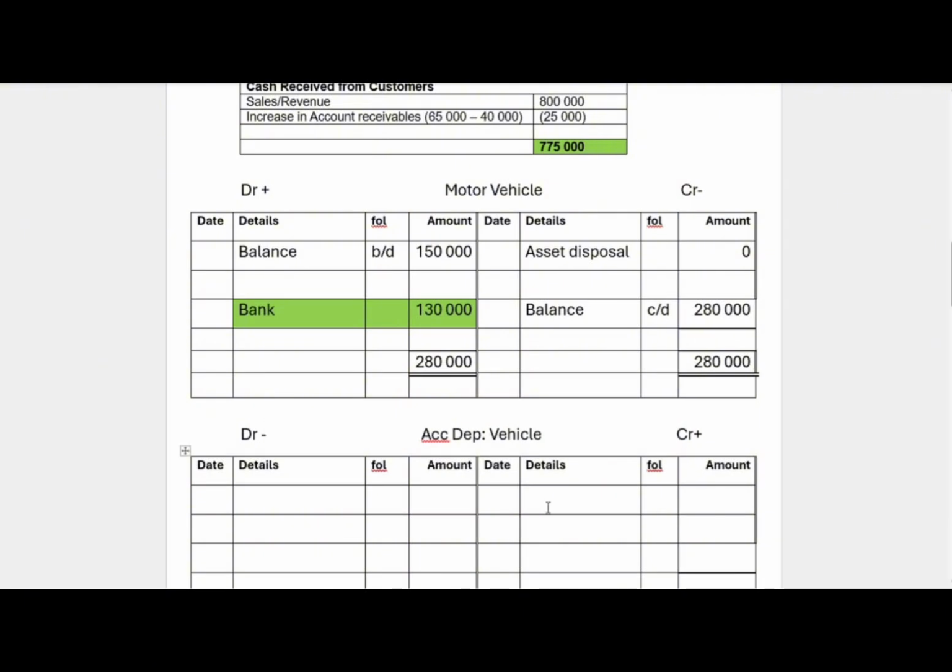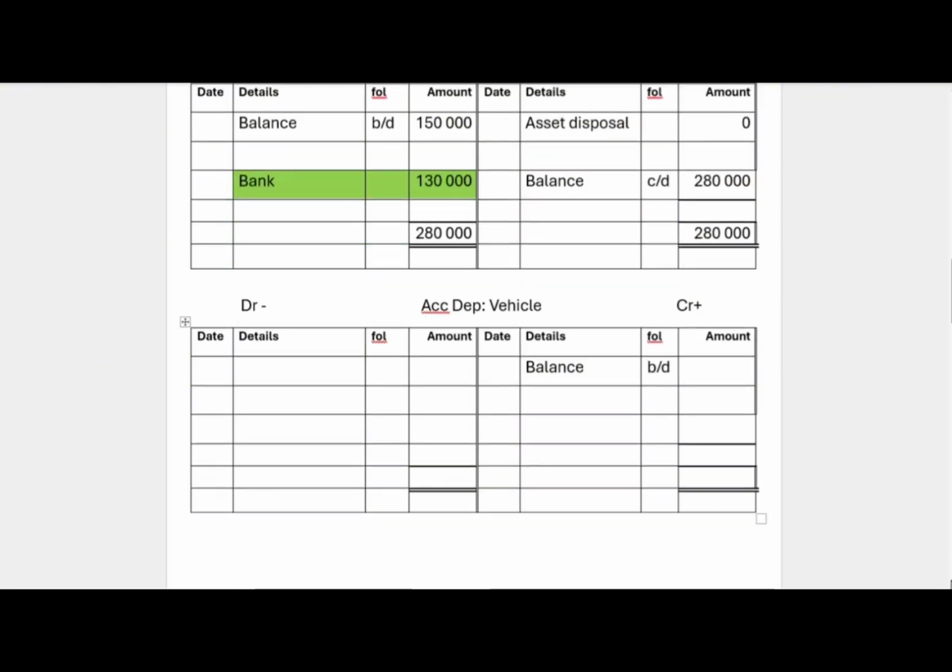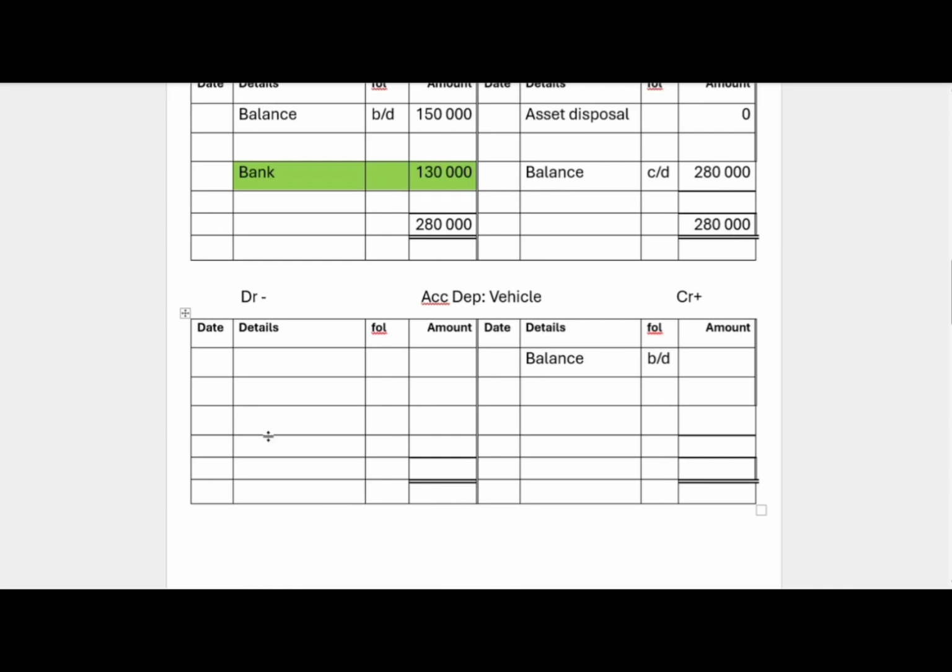So we're going to have opening balance on the credit side, balance brought down. All right, and then we also have to determine the closing balance carried down.